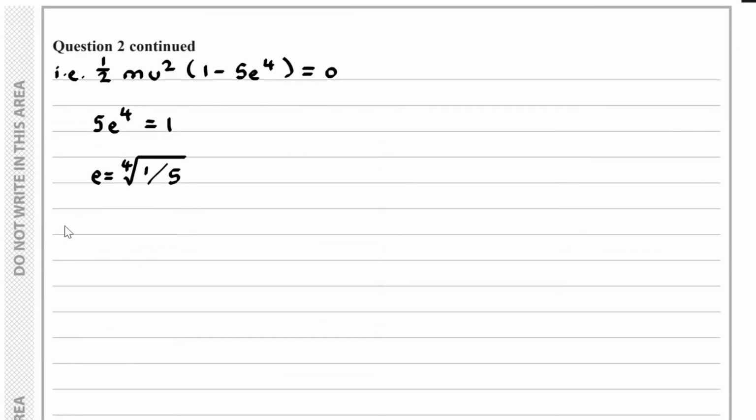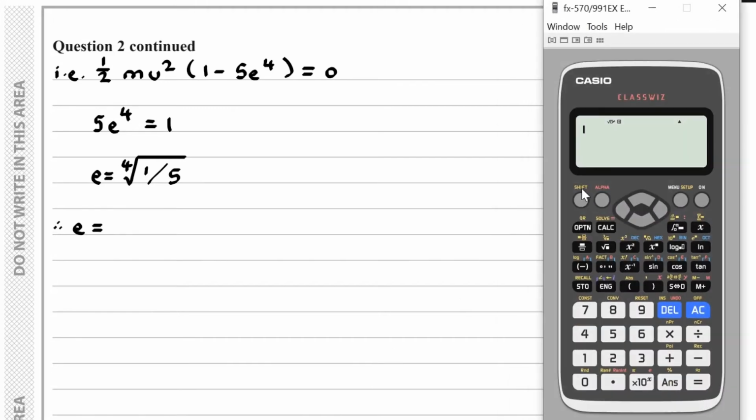So if I work this out, e is equal to the fourth root of 1 over 5, which is 0.67 given to two significant figures.